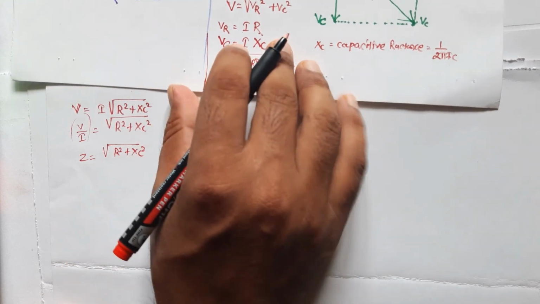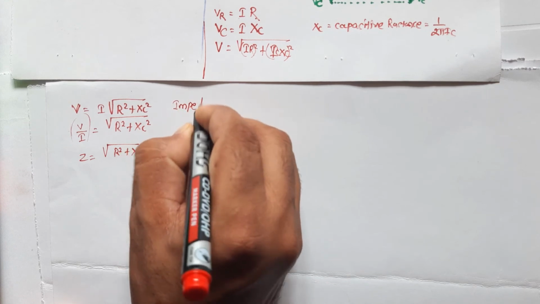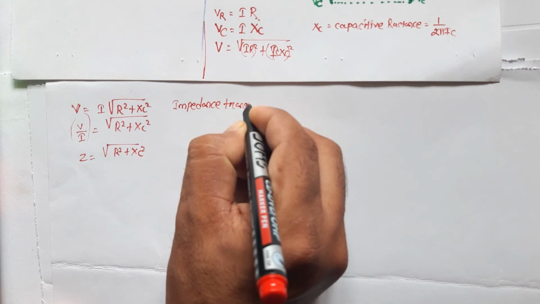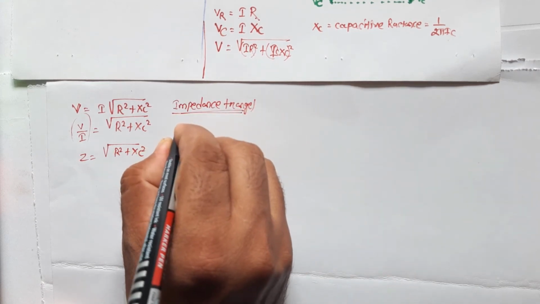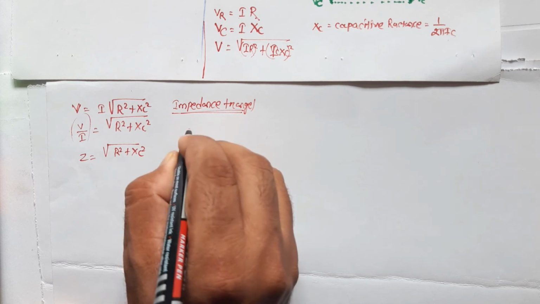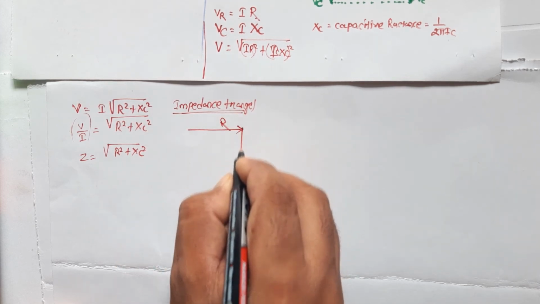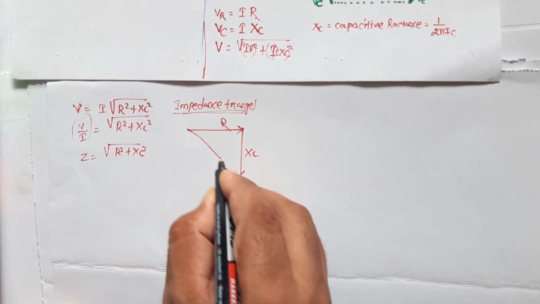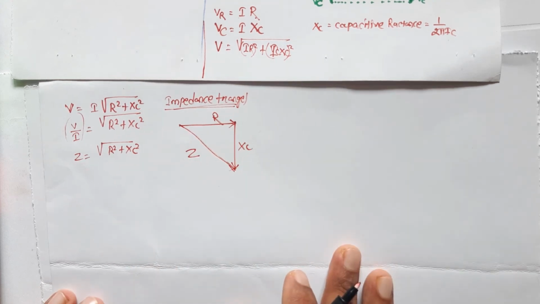From this we can draw the impedance triangle, with sides R, XC and Z.